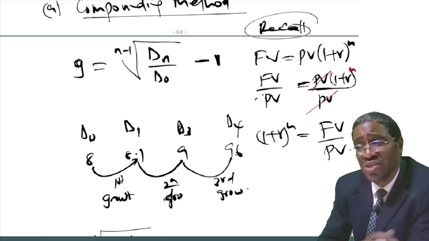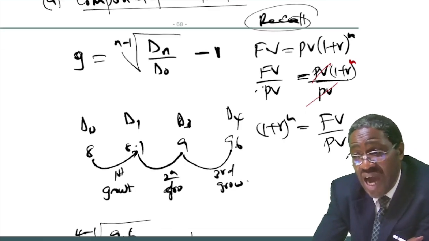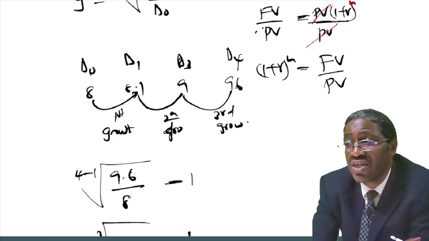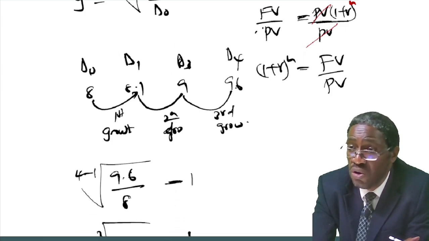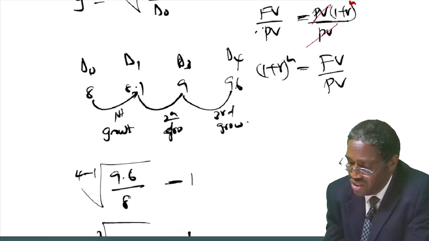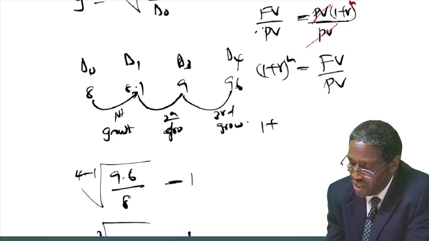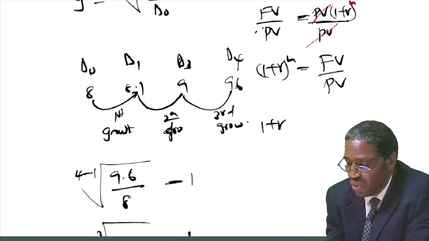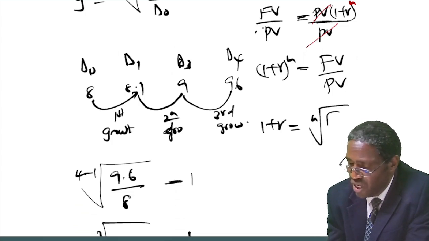Then now let us solve for r. To solve for r, I can take the nth root of both sides. Are you seeing? If I take the nth root of this side, it will leave me with 1 plus r equals the nth root of FV divided by PV.